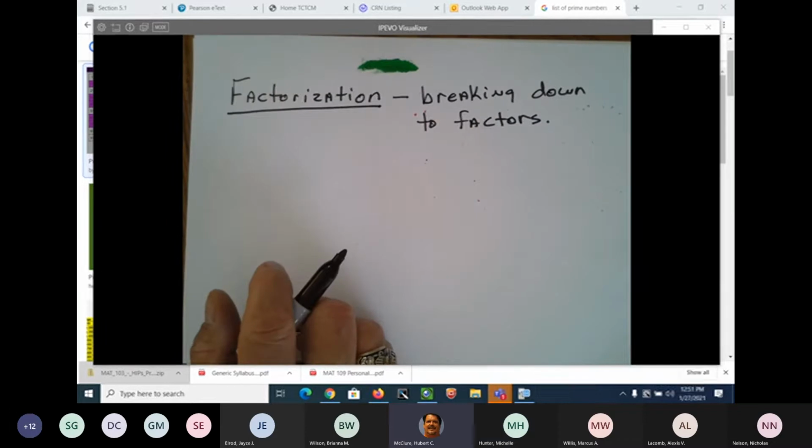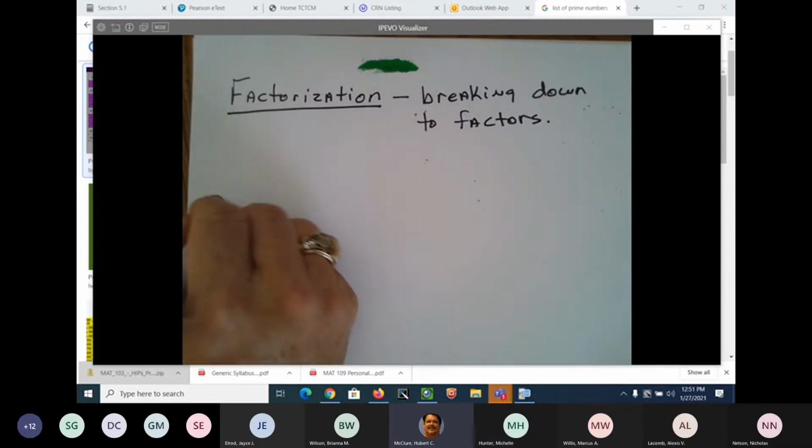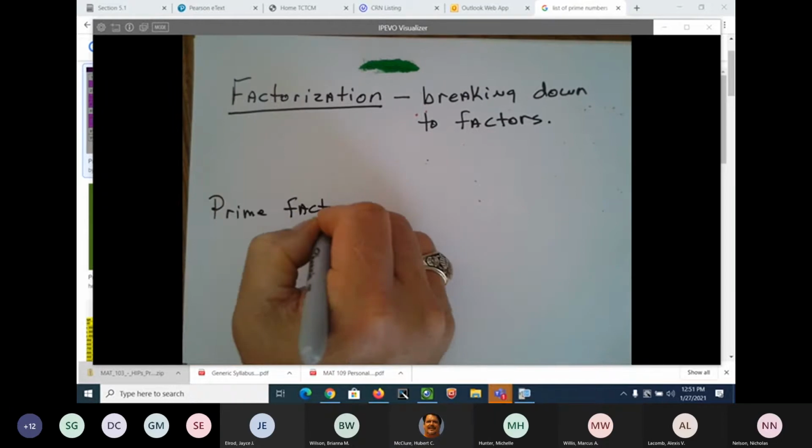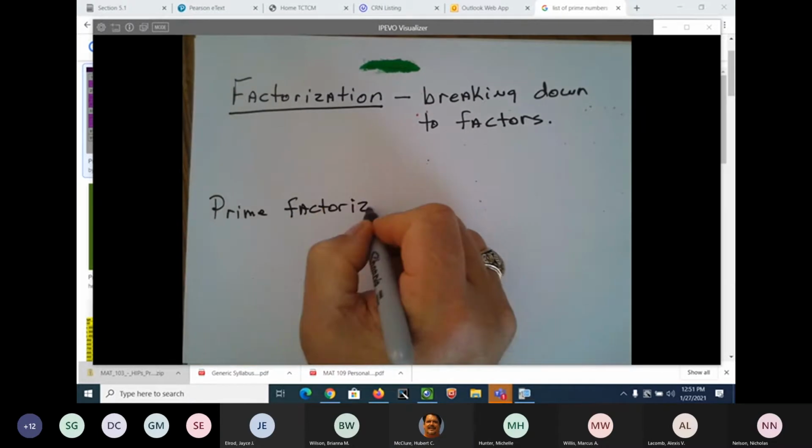And then there's prime factorization. And that's breaking down to prime factors.